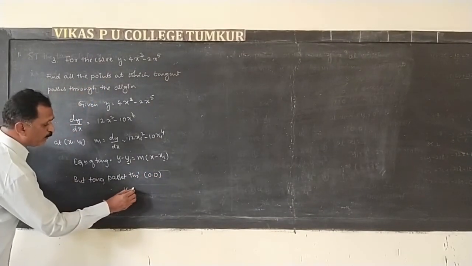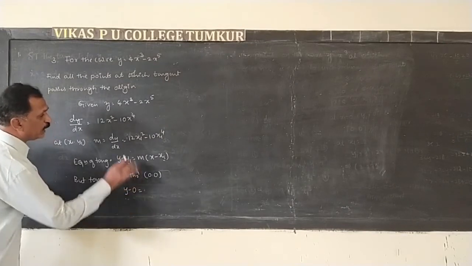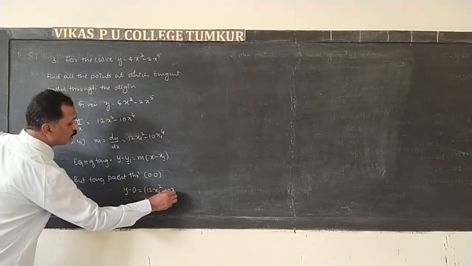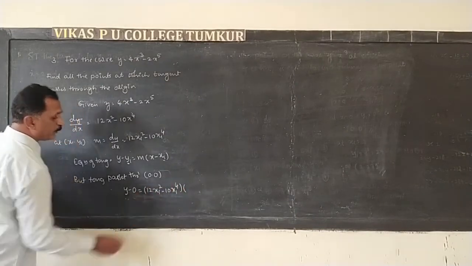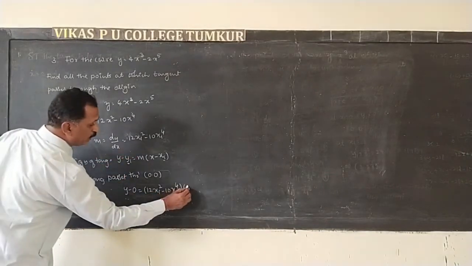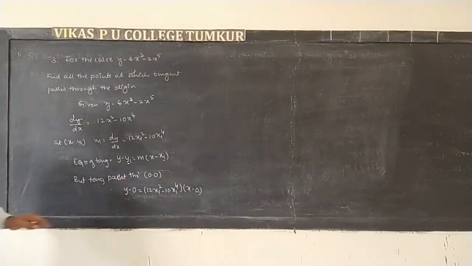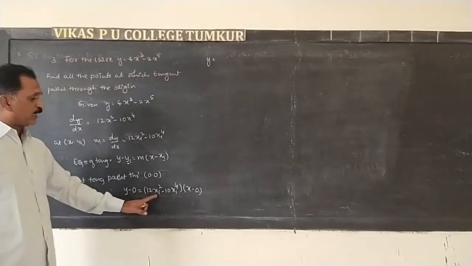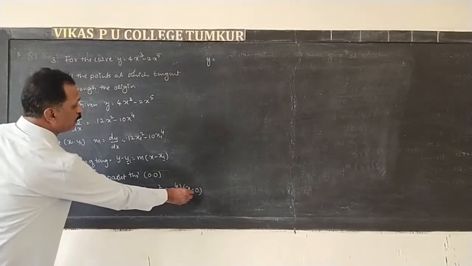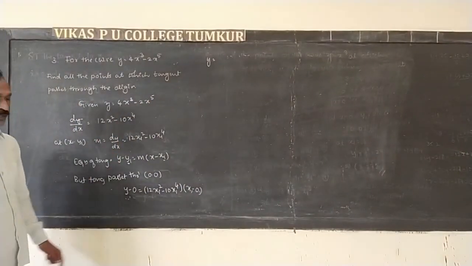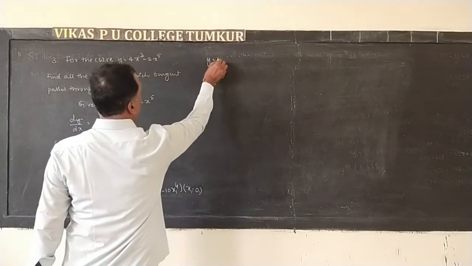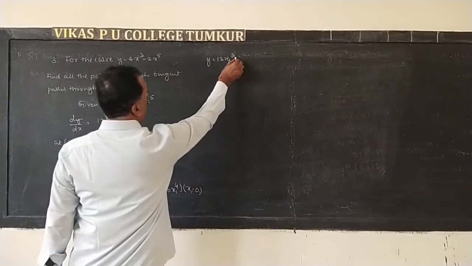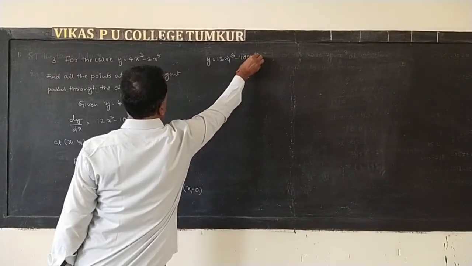Therefore, y minus 0 is equal to m, where m is 12x1 square minus 10x1 to the power of 4, into x minus 0. Simplify this. y is equal to 12x1 square into x1, which is 12x1 cube, minus 10x1 to the power of 5.